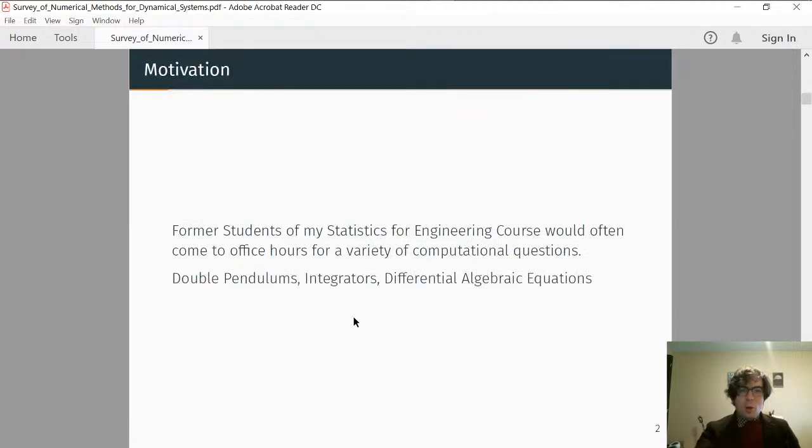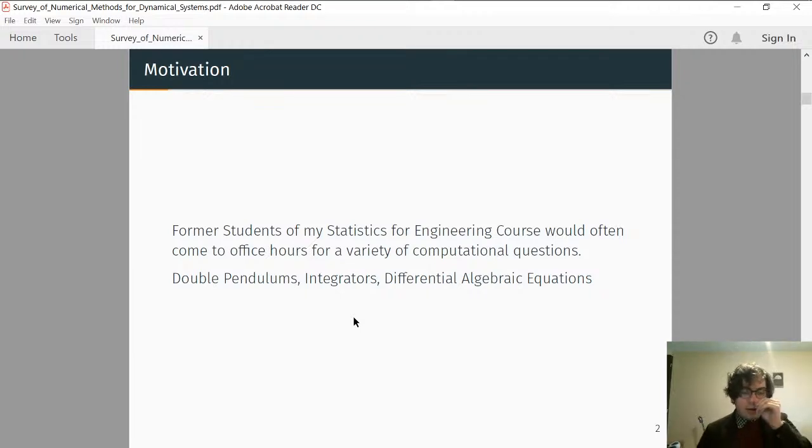And so the motivation for this seminar series and all the different talks we're going to have in it is that I taught a statistics for engineering course to a bunch of mechanical engineers, and then I have a statistics for scientists and engineers course for computer scientists and our general science majors, and then our electrical and civil engineers. So I've had a bunch of engineers in the past.